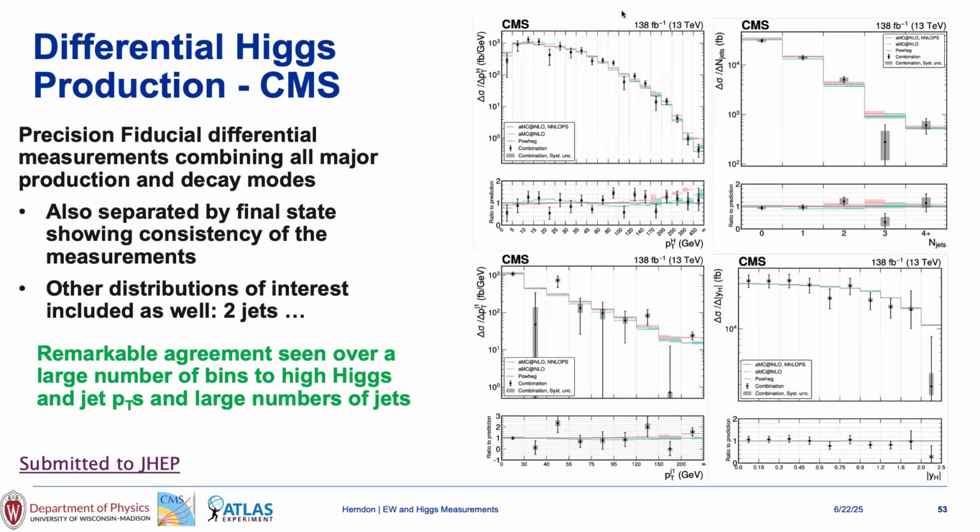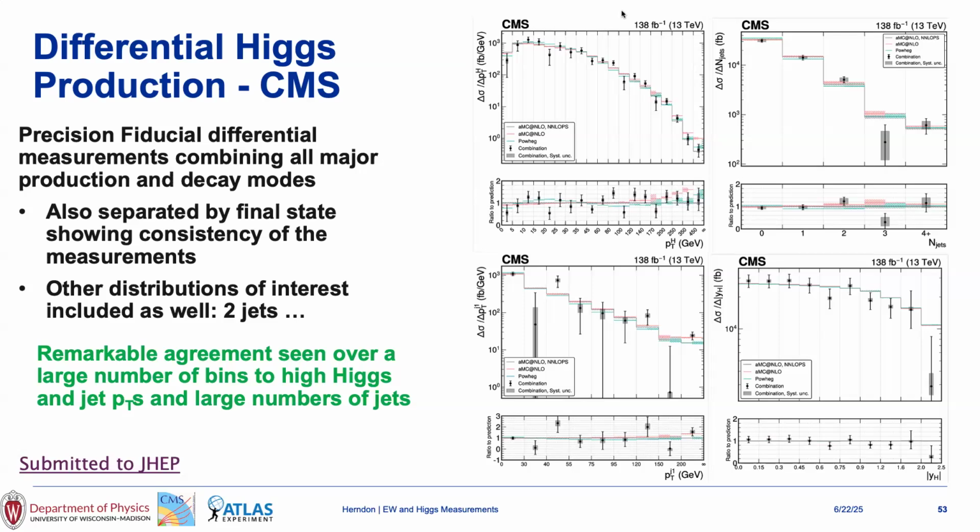And there are other things of interest here as well, like looking specifically at events with 2 jets, which is very interesting because that's what you generally see in VBF production, for instance. So looking at differential measurements that are a little bit more specific like that is very interesting as well.